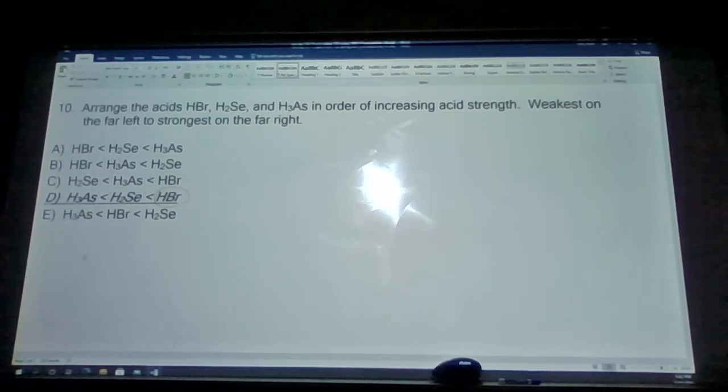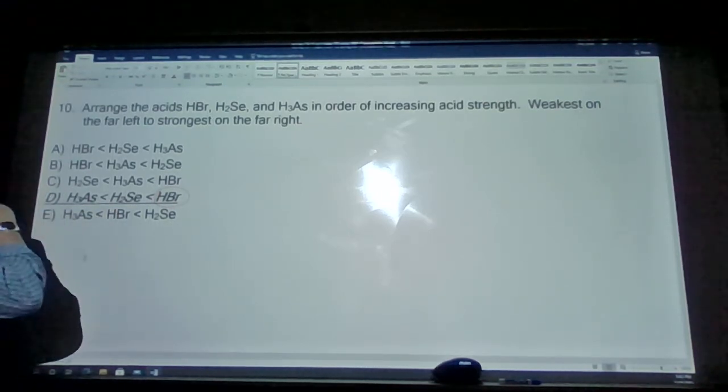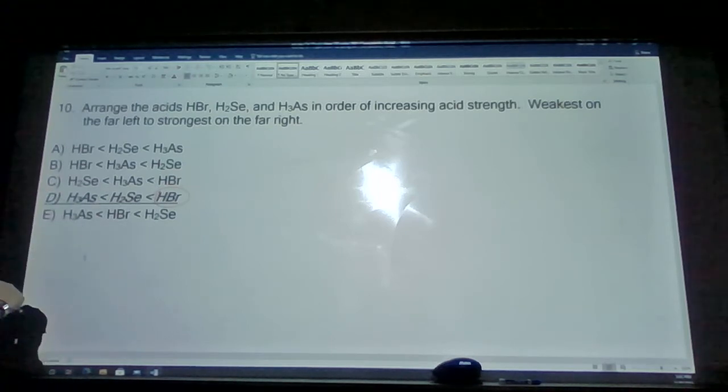Selenium is smaller than arsenic. In this case, we are looking at differences in electronegativity. Selenium is more electronegative than arsenic. Selenium, therefore, wants those electron pairs more than the arsenic does.